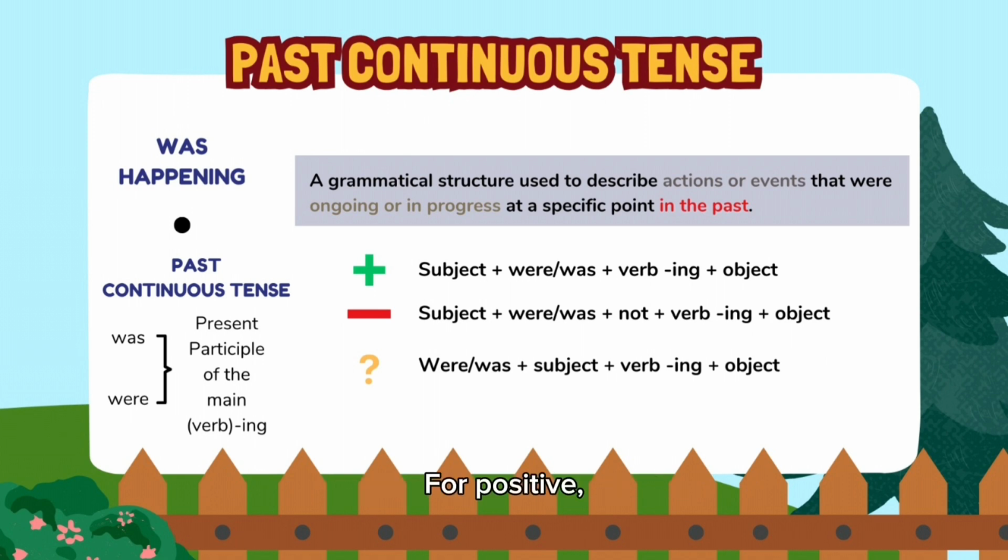For positive, it starts with subject plus were or was plus verb-ing and object. For negative, subject plus were or was plus not plus verb-ing plus object. And last but not least, question: were or was plus subject plus verb-ing plus object.